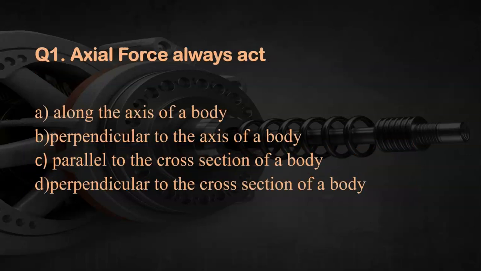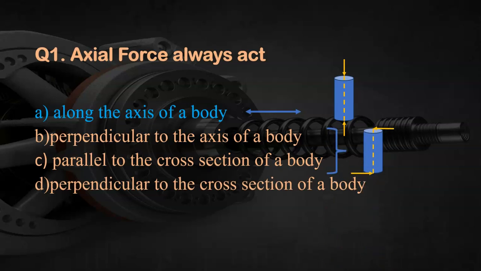So question 1, axial force always acts. The right answer to the question is option A, along the axis of a body. The figure is shown where the axial force passes through the axis of a body. Now if you look at option B and option C, both refer to the shear force.